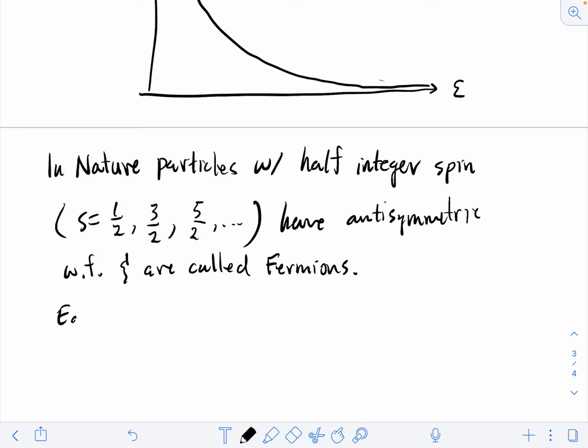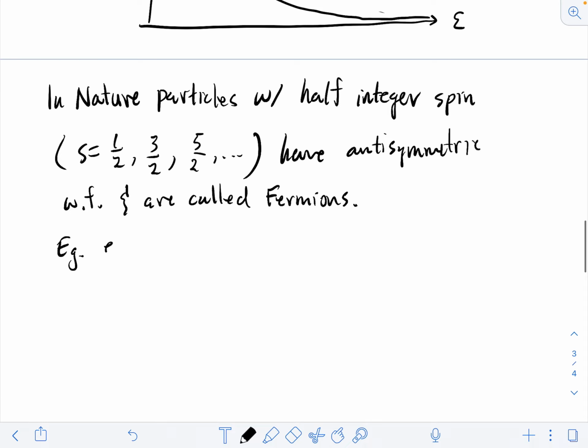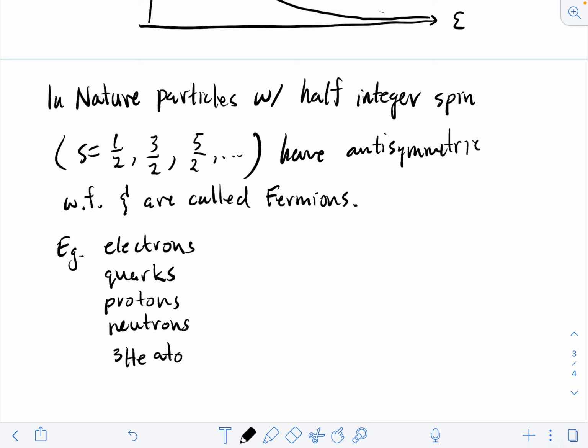Okay, so examples of fermions are electrons of spin 1/2, quarks, protons, neutrons, and helium-3 atoms will be one that's of interest to us.